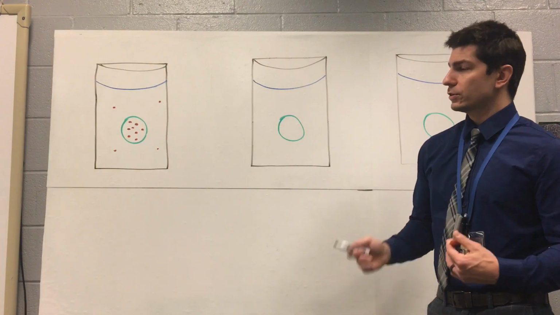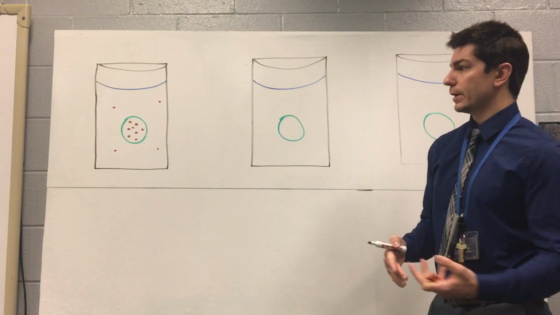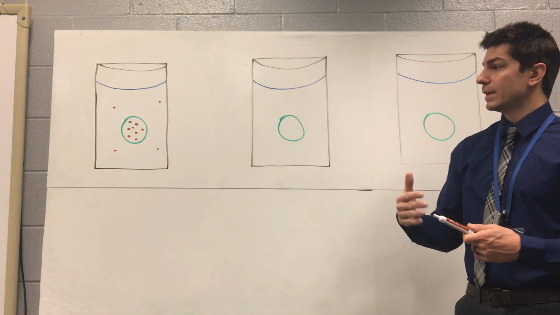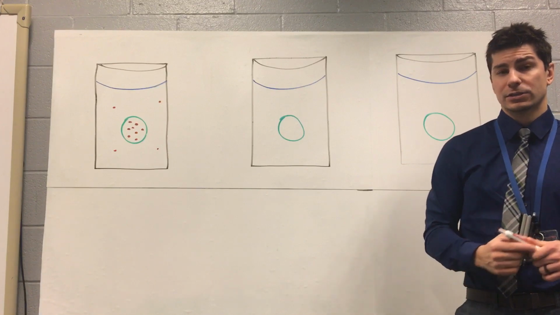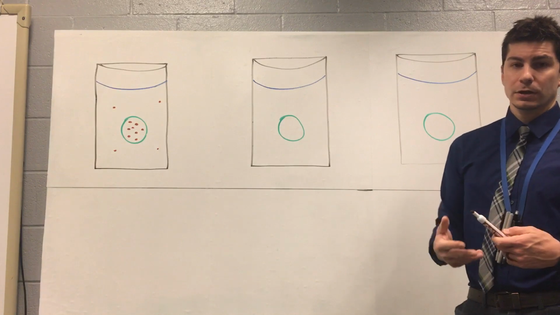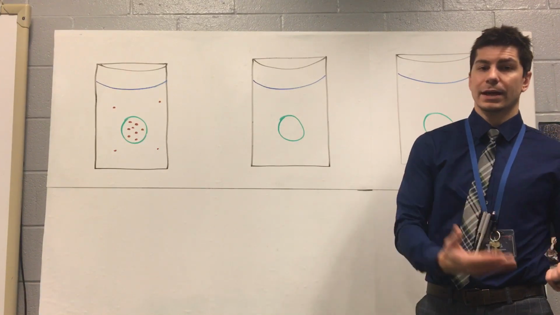So what we want to do first is determine, okay, what is hypertonic and what is hypotonic? We already talked about in class that hyper means above and hypo means below. This is referring to the solute particles. So if it's hypertonic, that means that area has more solute particles compared to the other one.